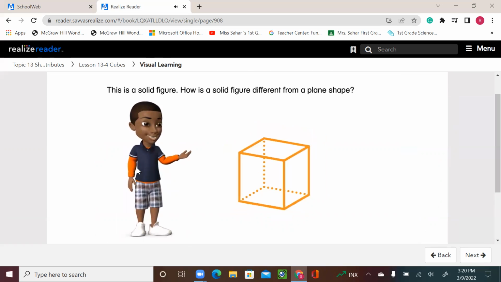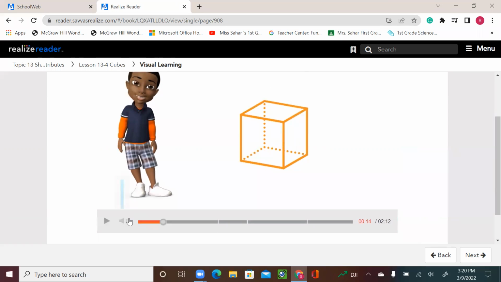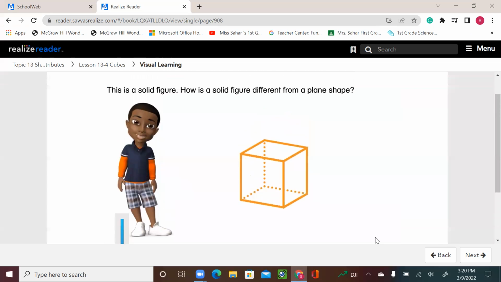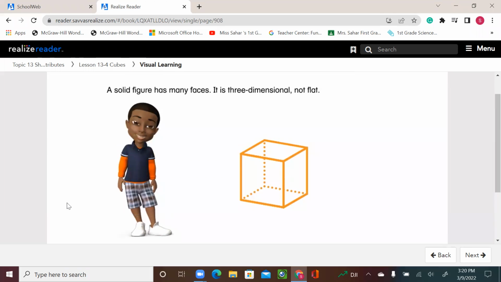This is a solid figure. How is a solid figure different from a plane shape? A solid figure has many faces.